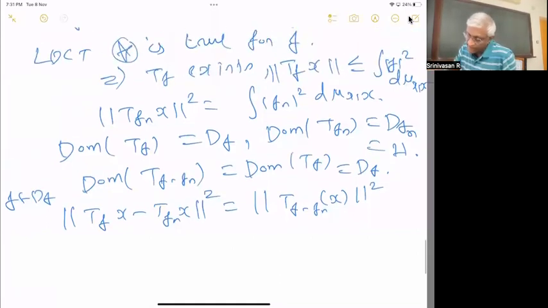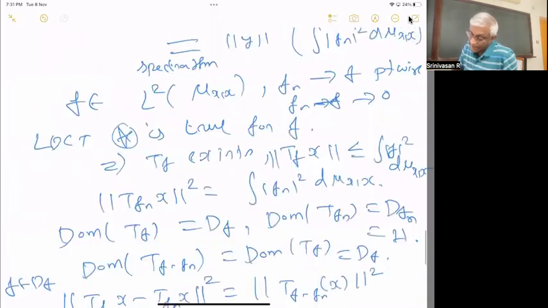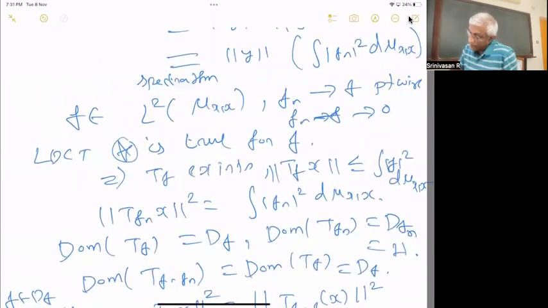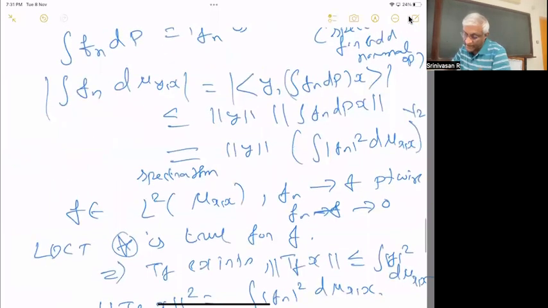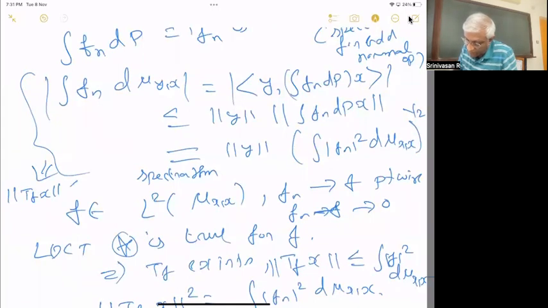See, we have that the norm of Tf x is less than or equal to the norm. This inequality is satisfied. From this inequality, we have that the norm of Tf x is less than or equal to the integral of mod f square d mu x, power half.